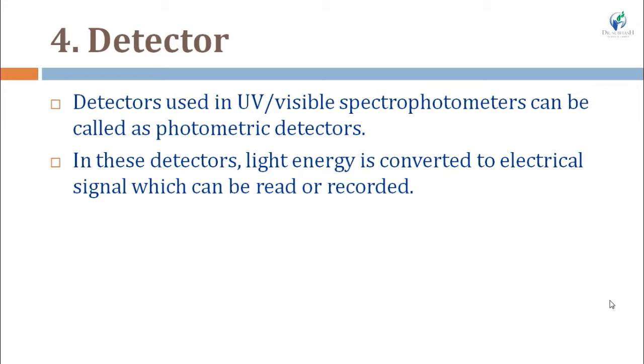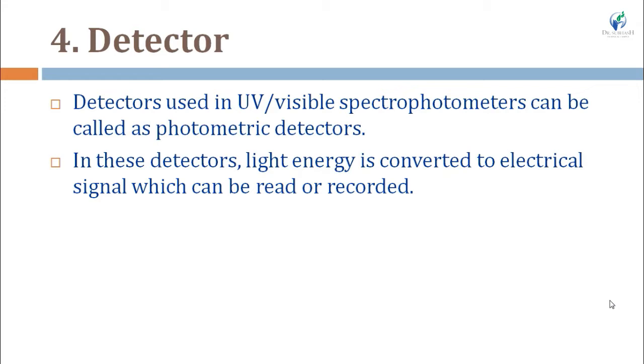This transmitted radiation then falls on the detector, and the intensity of the radiation can be determined or displayed by the detector. In these detectors, the light energy of the transmitted light is converted into an electrical signal which can be read or recorded by a readout device.